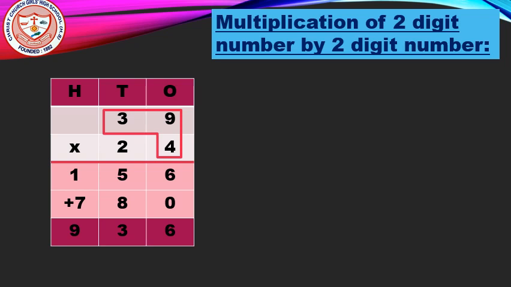Now we have to add 3 with 12 because of carry, right? So 12 plus 3 gives us 15. So we are going to write 1 in hundreds place and 5 in tens place. Done?